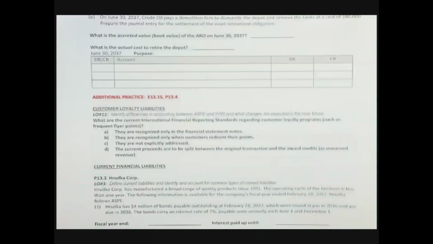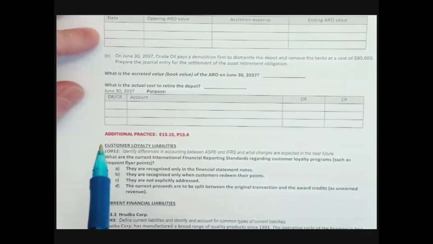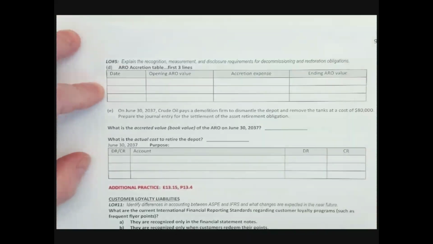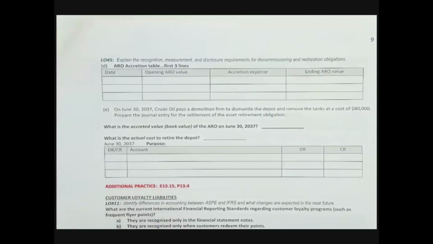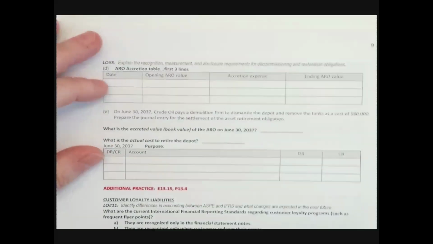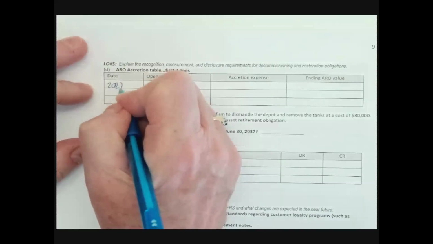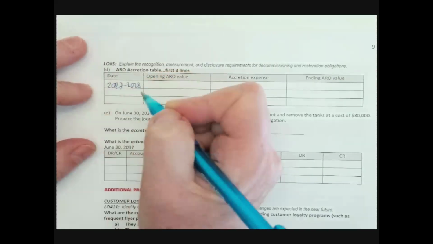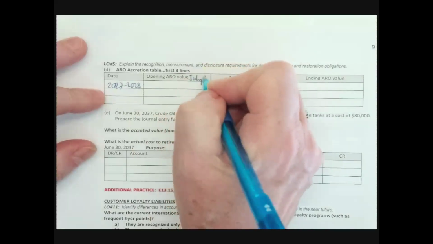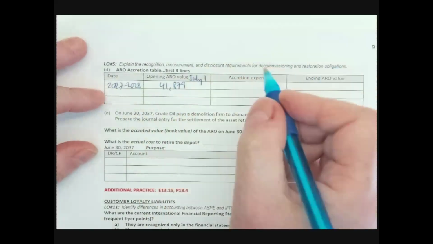In fact, we can figure out what the accretion table looks like for the first three lines. The accretion table, this is like a bond discount table. It's just a present value table. So for 2027 to 2028, our opening ARO on July 1 starts at 41,879. Accretion expense.